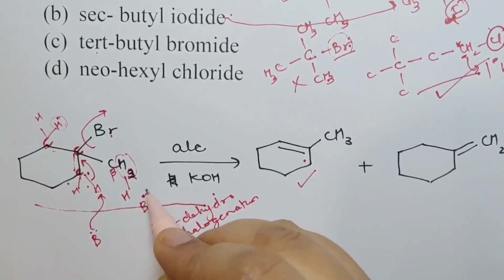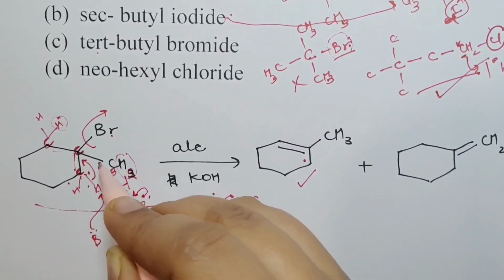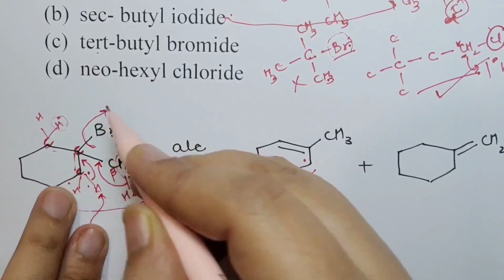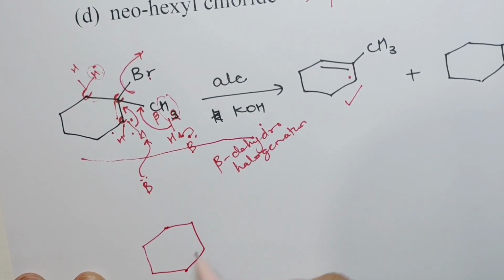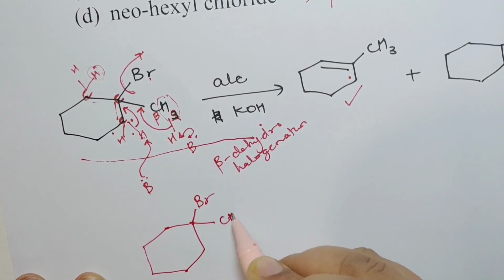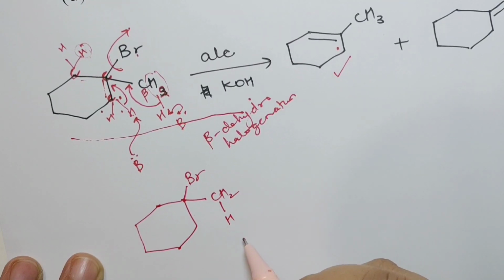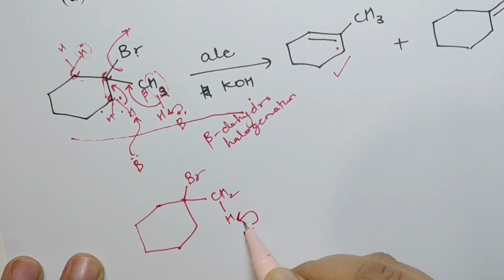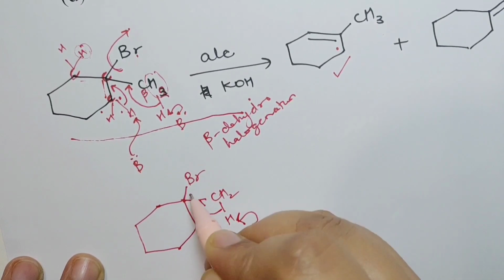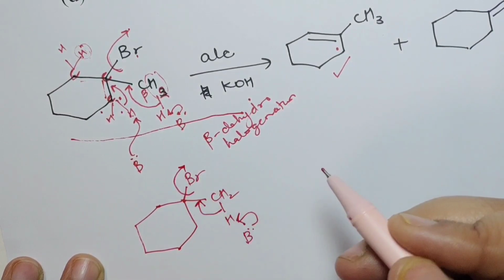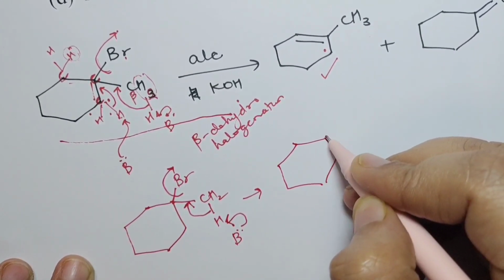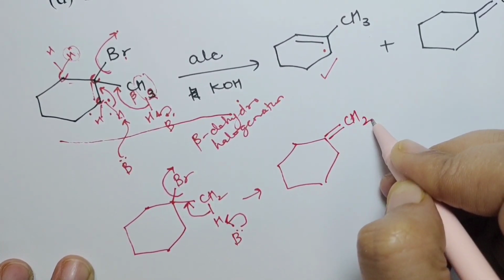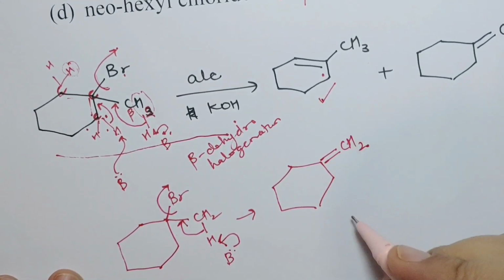When base abstracts this proton, these electrons shift here and the bromine atom is released. I'll make this again for clarity. So this time the base is abstracting this proton, these electrons will go here and the bromide ion would be released. So the product that you will get is, okay, so one product is this, the other product is this.